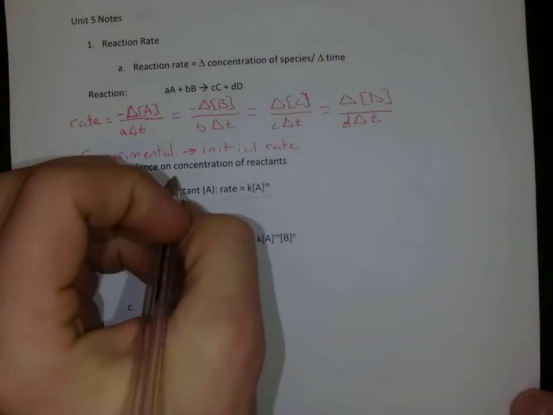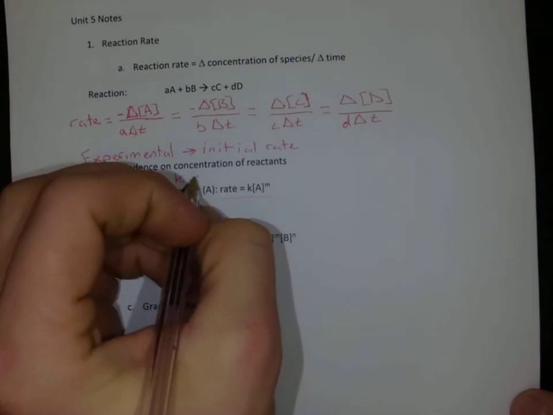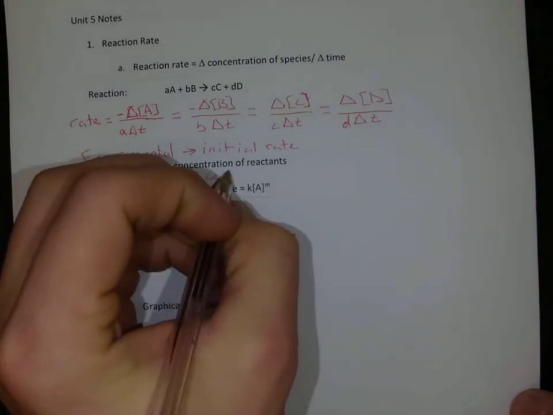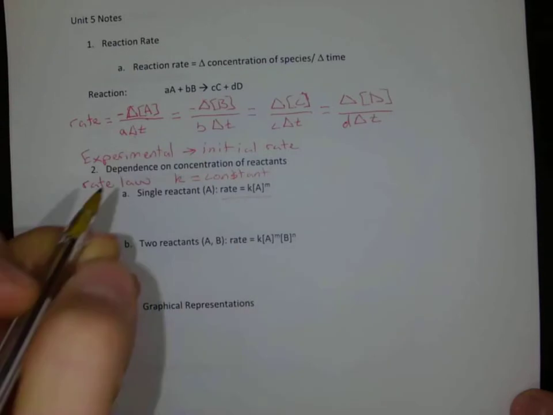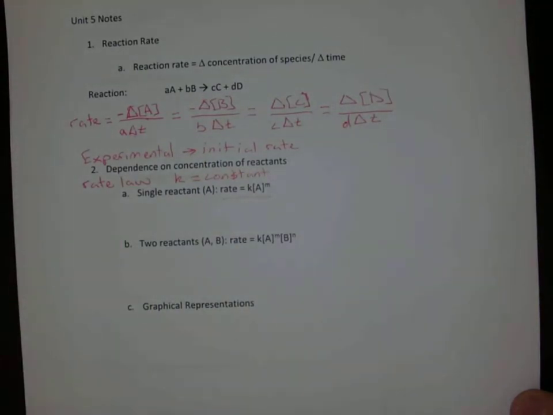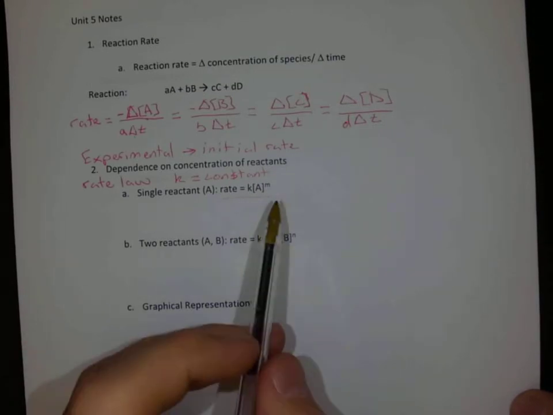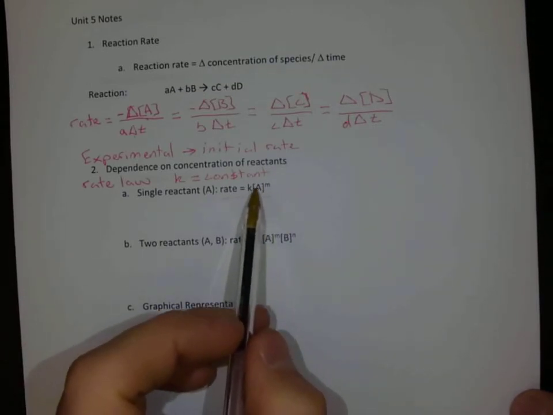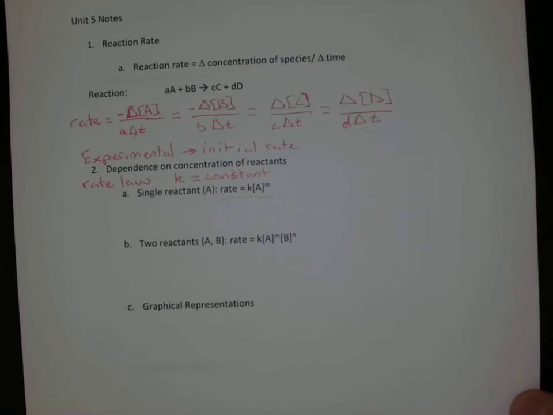In this, lowercase k is going to be some constant, and this is going to take into account different temperatures, and whether or not we've got a catalyst in there. It's going to take into account a lot of different pieces that affect the rate, but aren't directly influencing or actively participating in the reaction. So this constant is just k.